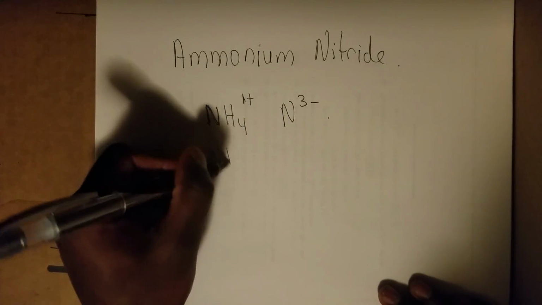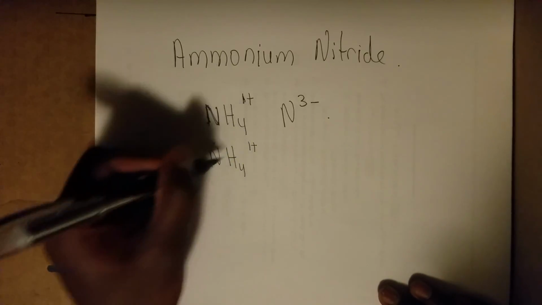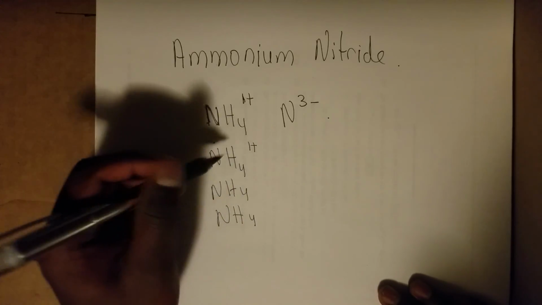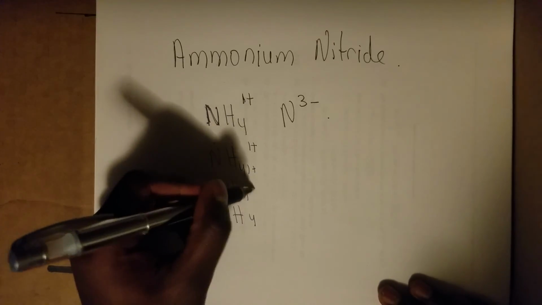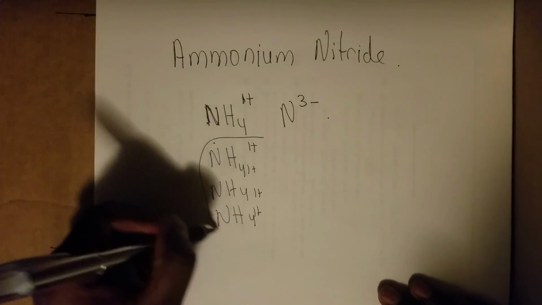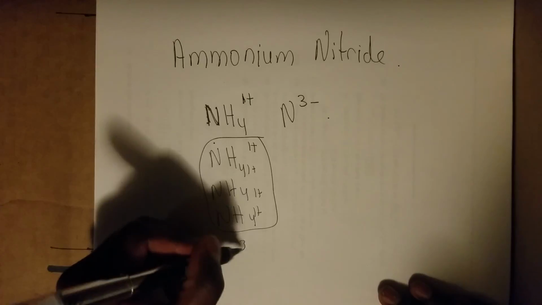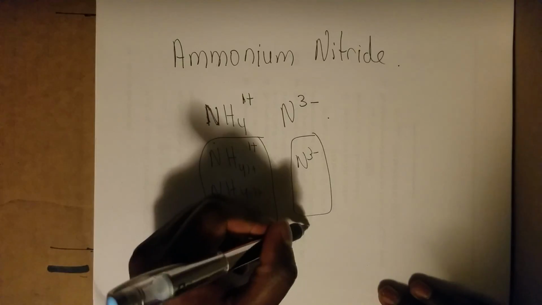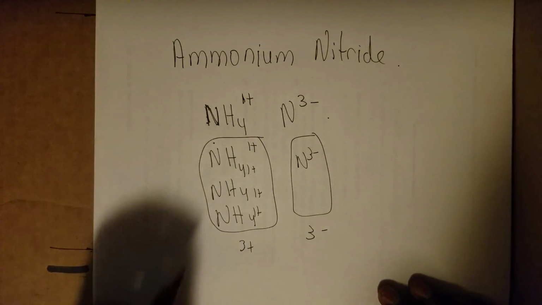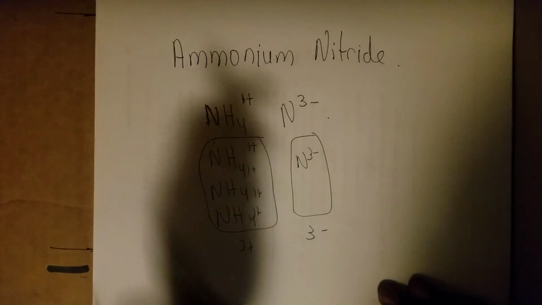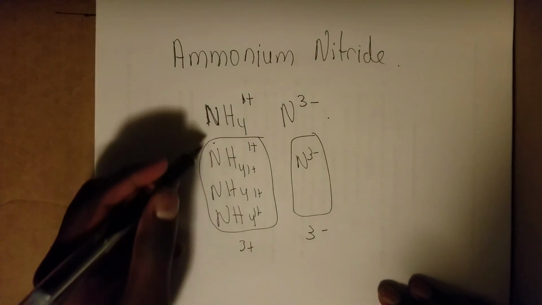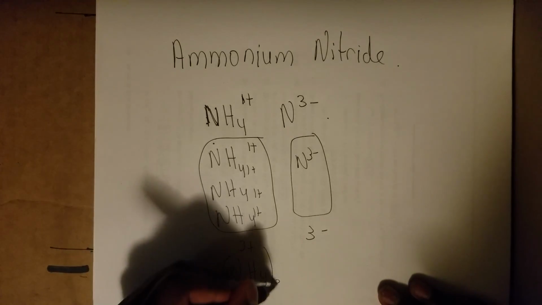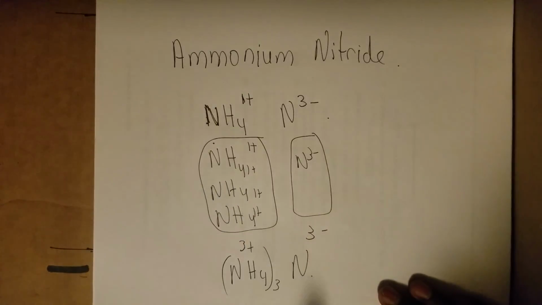So you need 1 ammonium giving 1 charge, plus 2 ammonium, plus 3 ammoniums would have 1 plus charge each. These 3 give you a charge of 3 plus, and this 1 nitride gives you a charge of 3 minus. So now the charge is balanced. That means you need NH4, 3 of these, to balance the 1 nitride. And that's it.